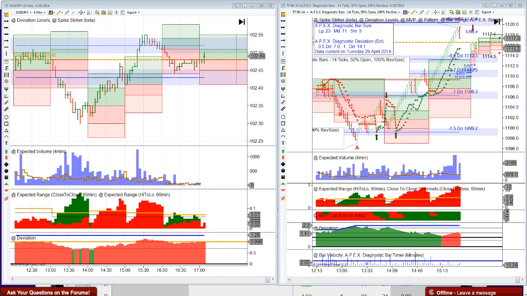Let's see, what tick size would you use on the yen? I don't use tick bars. The bars you're looking at are not tick bars. They are tick based, but as far as bars, let's see.